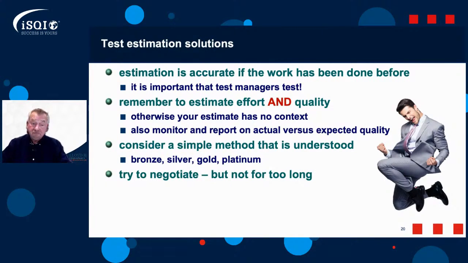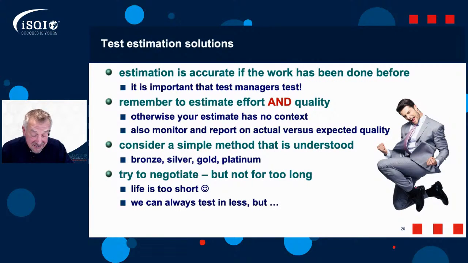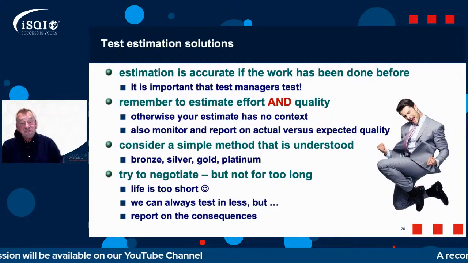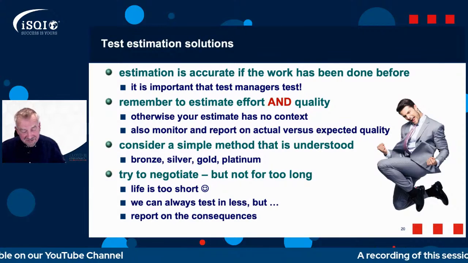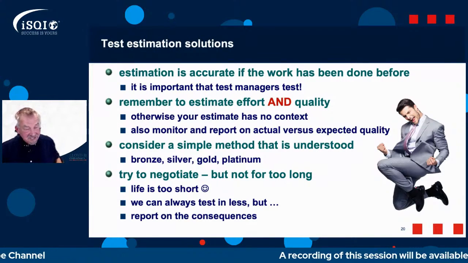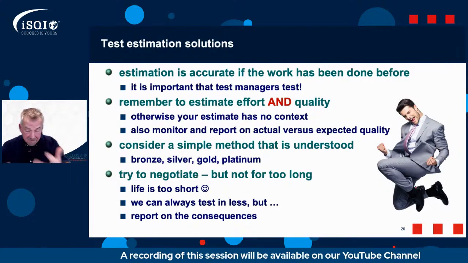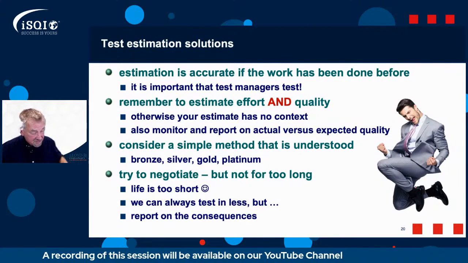Try to negotiate, absolutely, but not for too long. Life is too short. And I'm learning that as the older I get, life is too short, okay? But we can always test in less. However, we need to report on the consequences. One of the things I suggest doing is, you know, we can test in less, but we're going to find fewer defects.